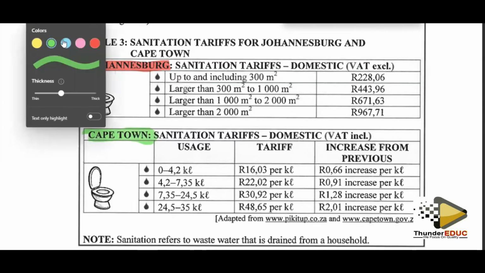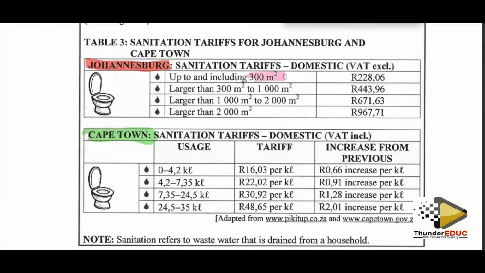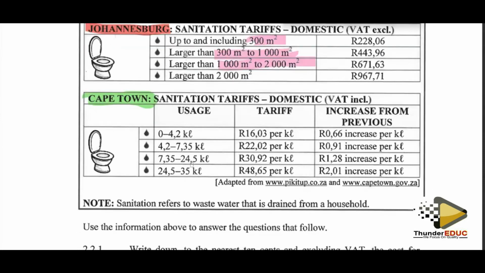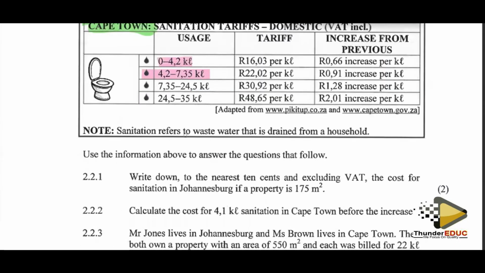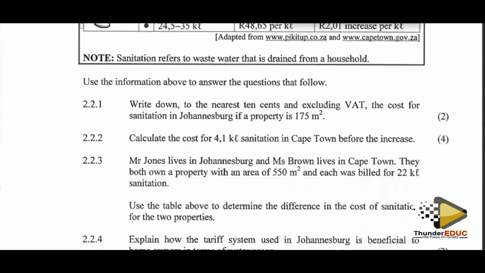Johannesburg looks at the area. You see, this is the area. And Cape Town looks at the usage of your water. All right. Write down, to the nearest 10 cents and excluding VAT, the cost of sanitation in Johannesburg if the property is 175 meters squared.